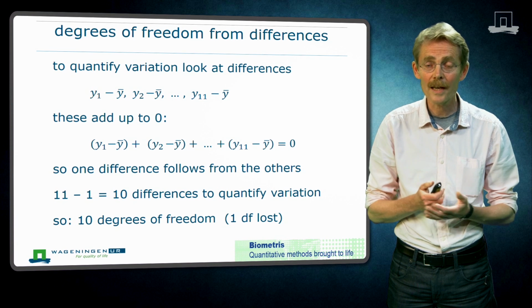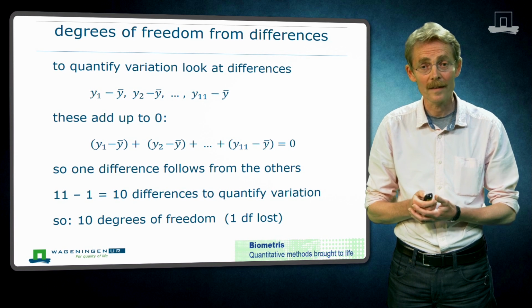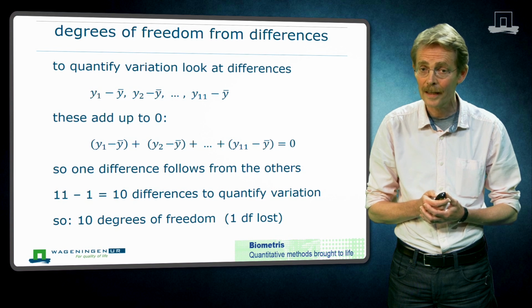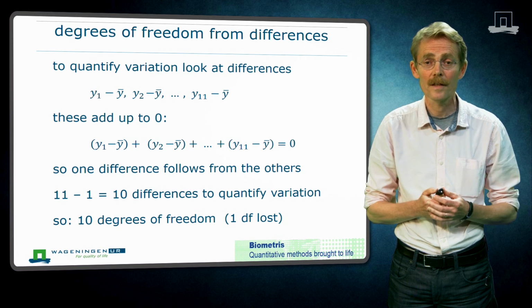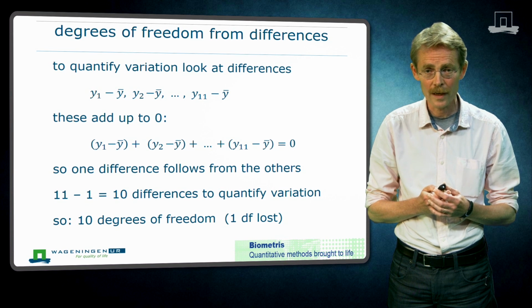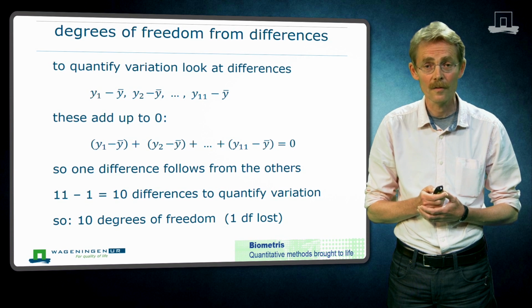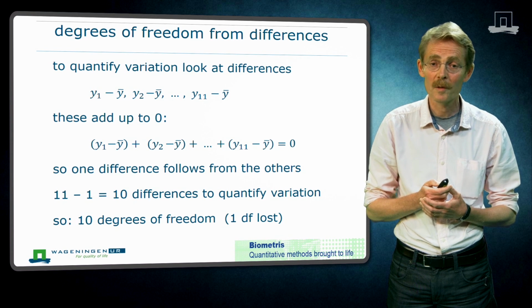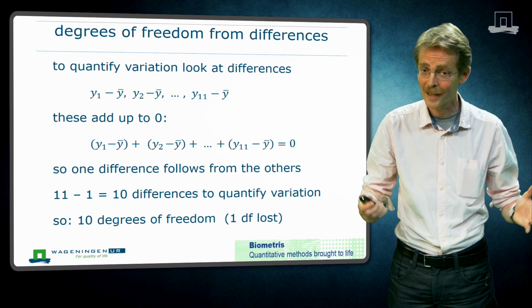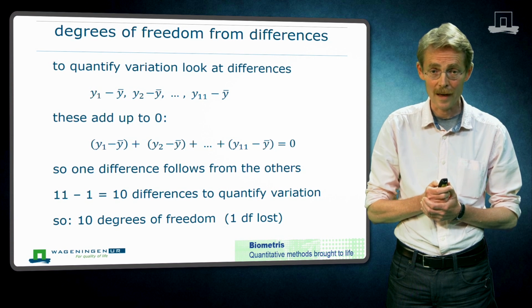So when you know 10 of them, the 11th will automatically follow. It doesn't contain any new information. So there are only 10 differences that you can use to quantify variation, and they are the 10 degrees of freedom. We say that we have lost 1 degree of freedom because we had to replace mu by y bar, which was the reason that all of a sudden these differences added up to 0.